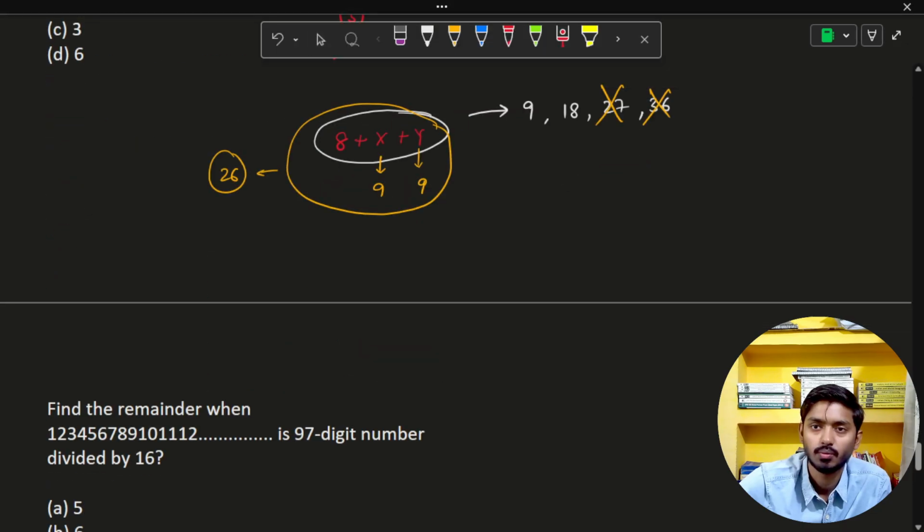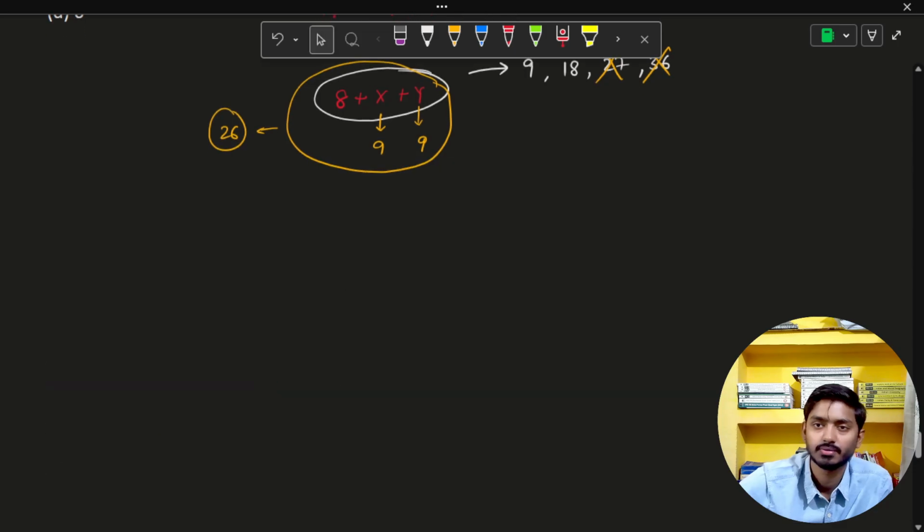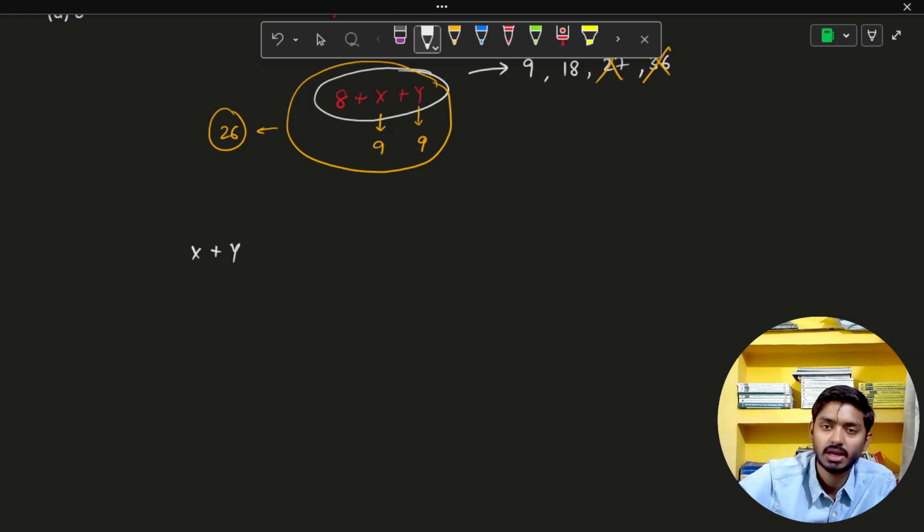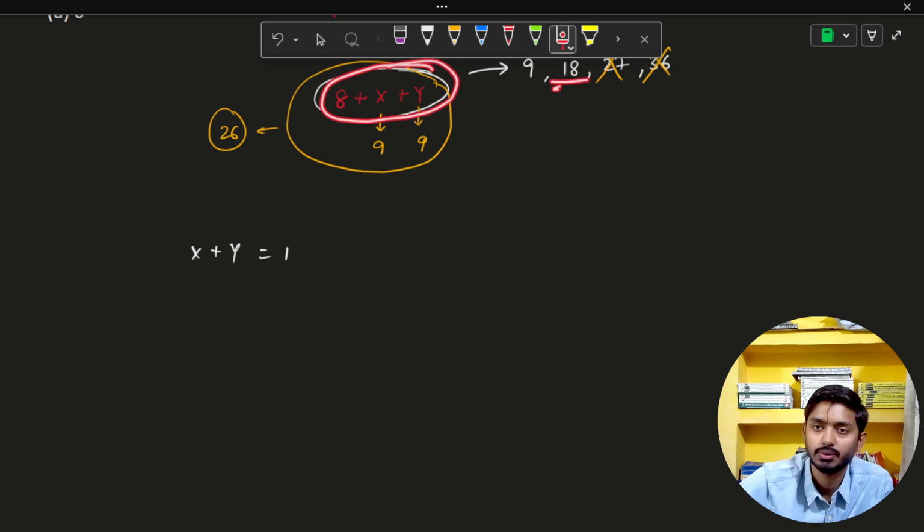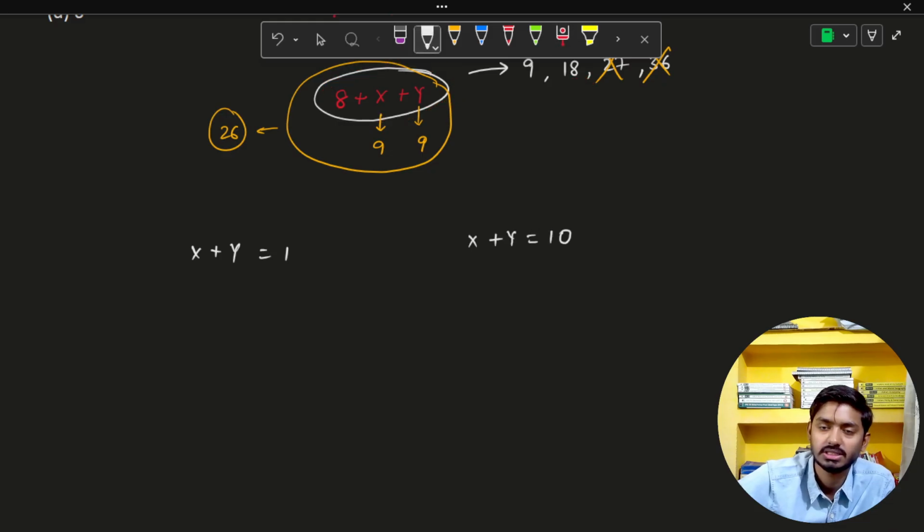So we are now left with two values. First, if we take x plus y plus 8 to be 9, we get x plus y to be 1. And if we take x plus y plus 8 equals 18, we get x plus y to be 10.